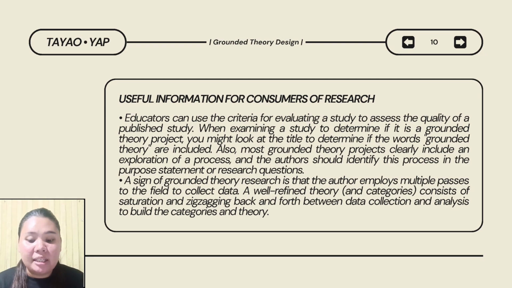And the third one is that a sign of grounded theory research is that the author employs multiple passes to the field to collect data. A well-refined theory and categories consist of saturation and zigzagging back and forth between data collection and analysis to build the categories and theory.